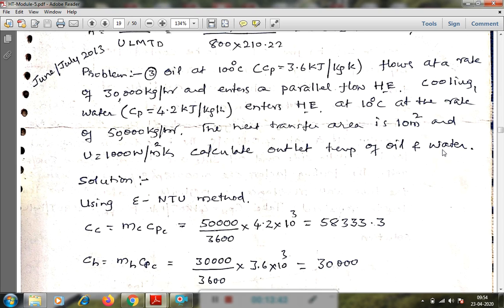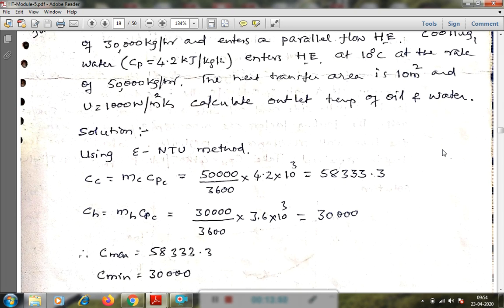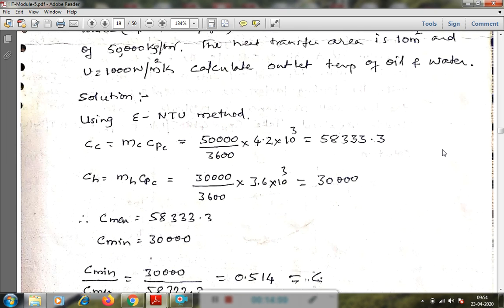That's why we have to use the effectiveness NTU method.